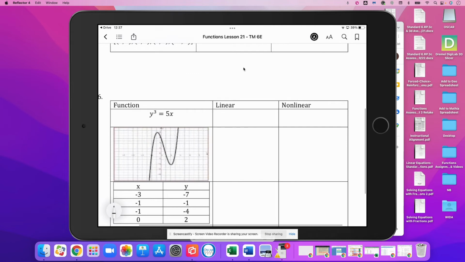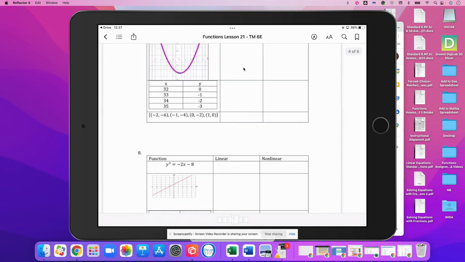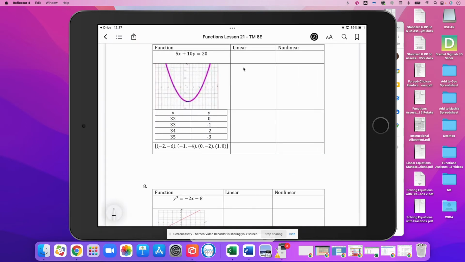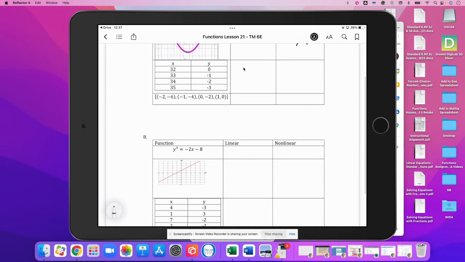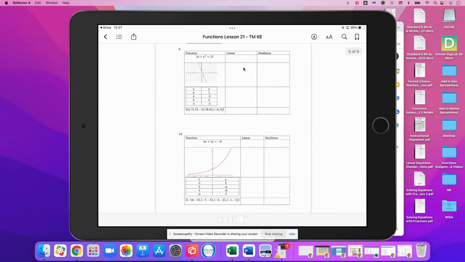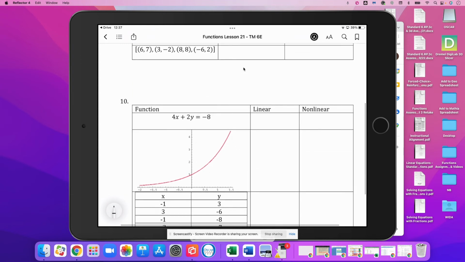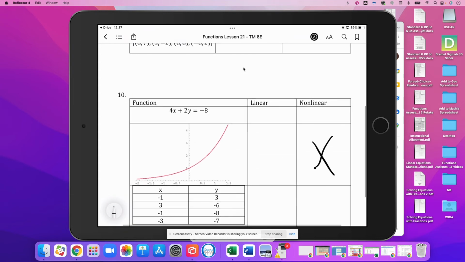Not a straight line, nonlinear. Not a straight line, nonlinear. Straight line, linear. Straight line, linear. Not a straight line, nonlinear.